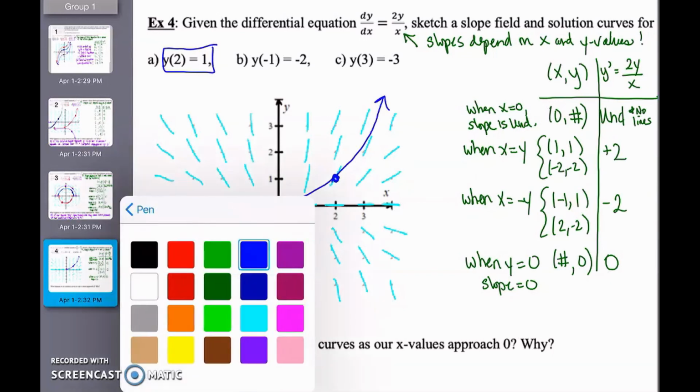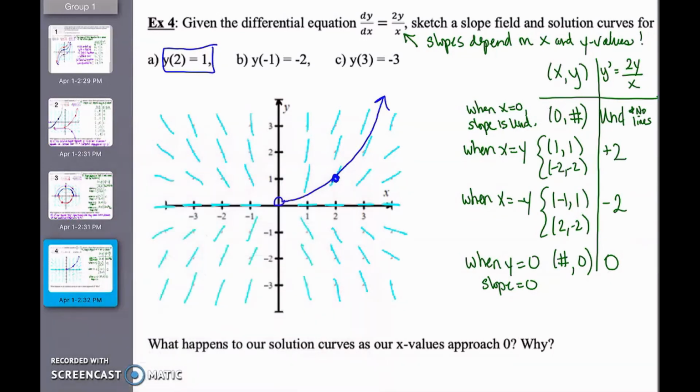All right, second solution curve will be red, and that contains the point when x is -1, y is -2, which is right there. Going to do the same thing. This seems like it's going down on the left, and on the right, it's going to be coming up and approaching again, undefined. Need an open circle there.